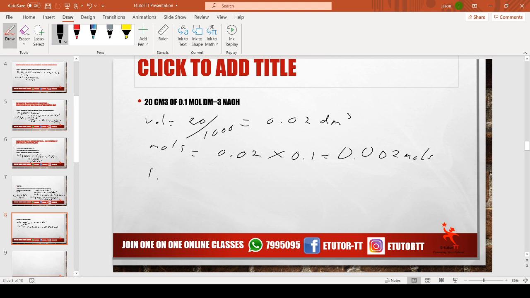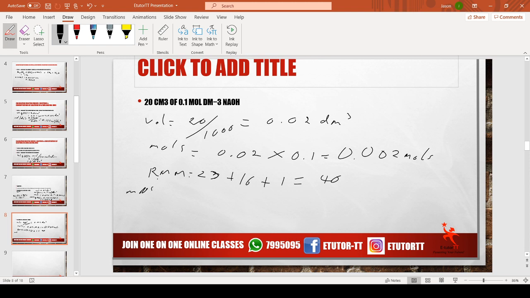So the RMM equals 23 for sodium. That's not all. 23 plus 16 for oxygen plus 1 for hydrogen, which gives us 40. So calculating grams again.